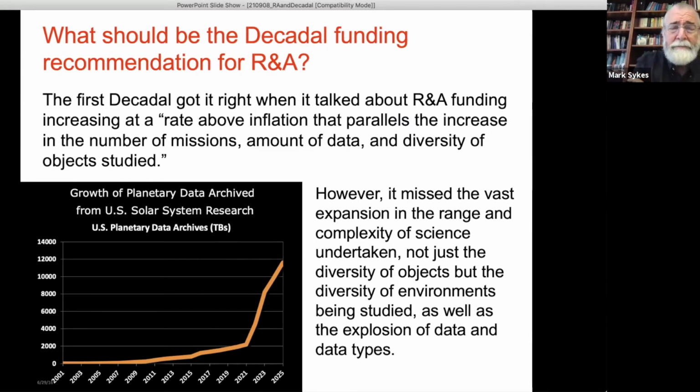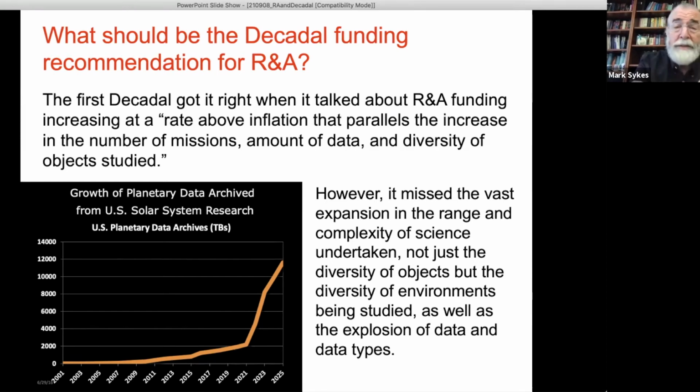I think that the first decadal really got it right, just speaking in general, when they said that you need to increase it in a way that parallels the increase in number of missions, amount of data, delivery of object studies.